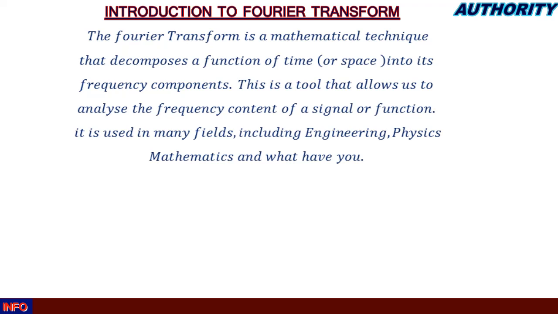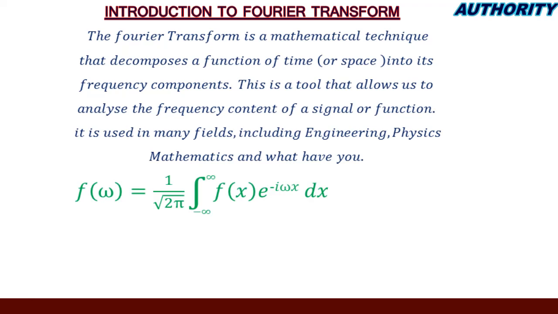Let's see F of omega. This F of omega is the Fourier transform, and it is given as 1 over the square root of 2 pi, the integral from negative infinity to positive infinity of f of x multiplied by e raised to the power of minus i omega x dx.